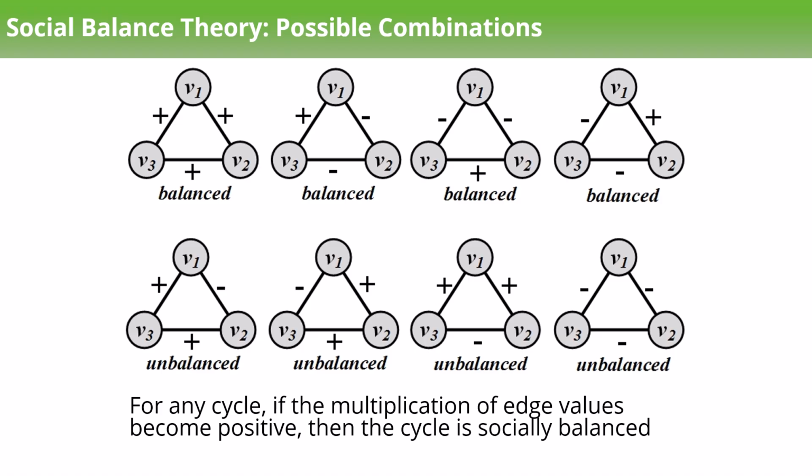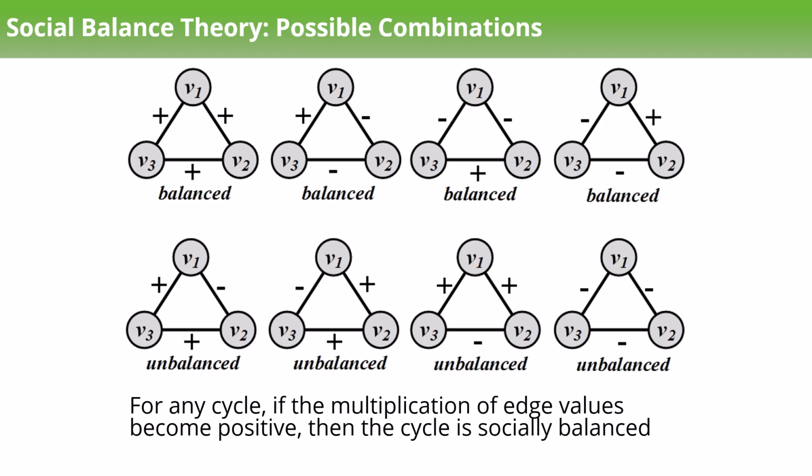So for example, we will take the first graph. Plus times plus times plus is plus. So this is balanced. Plus times minus is minus. So likewise, while multiplying the signs around the cycle, if it forms plus, it is balanced. If it forms minus, it is unbalanced.